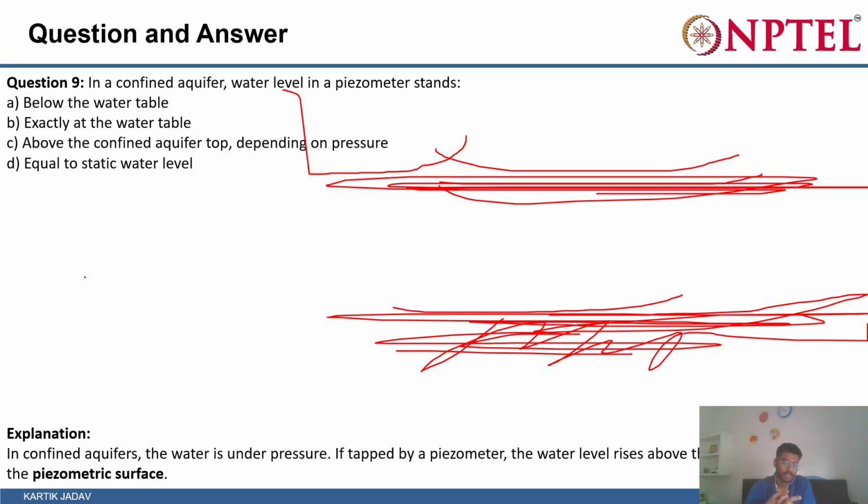So due to the pressure, the piezometric water level stands generally above the aquifer top, similar to a water table. Correct answer is option C, above the confined aquifer top, depending on the pressure.